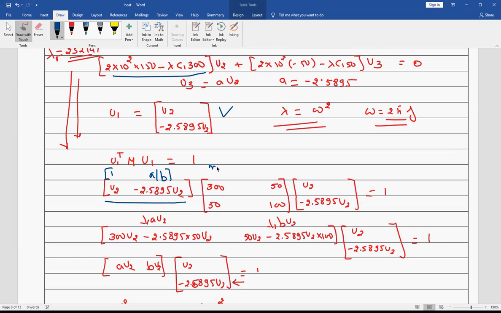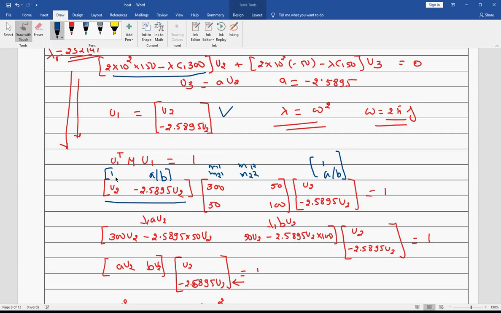So this is m11, m12, m21, and this is m22. Okay, now you can multiply this and you will get some new matrix. Okay, manually you can multiply, there is no issue. And this matrix is again 1 and a by b.